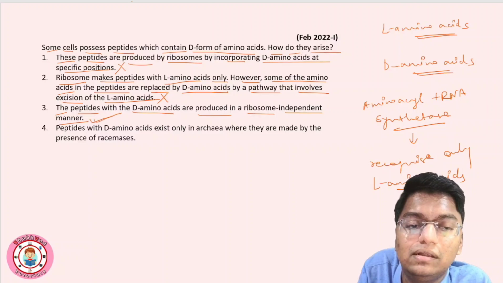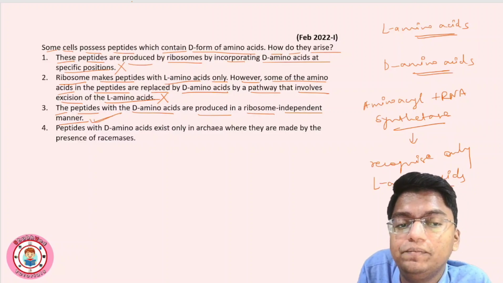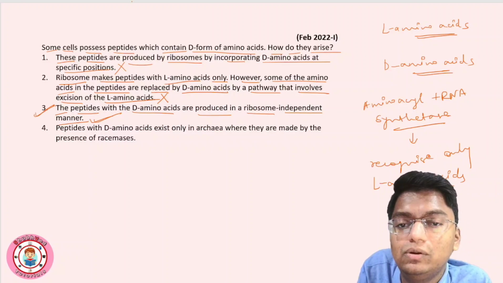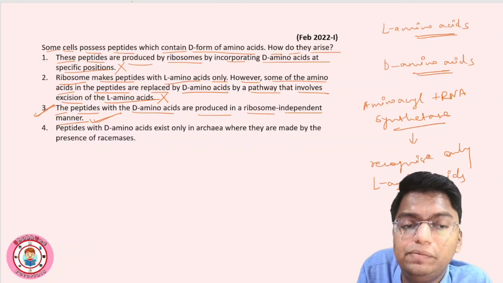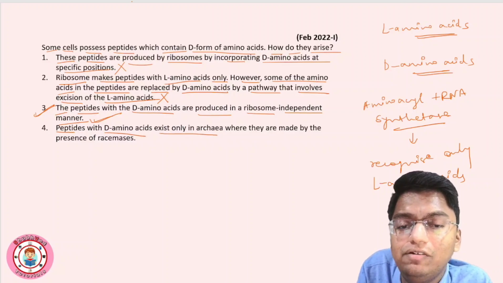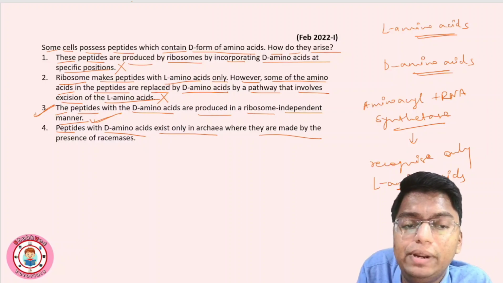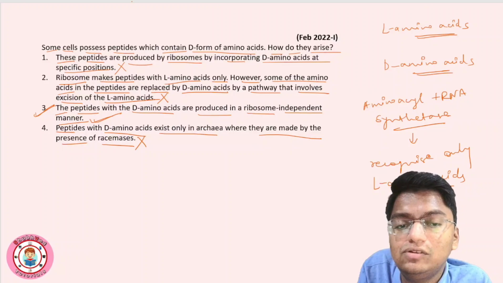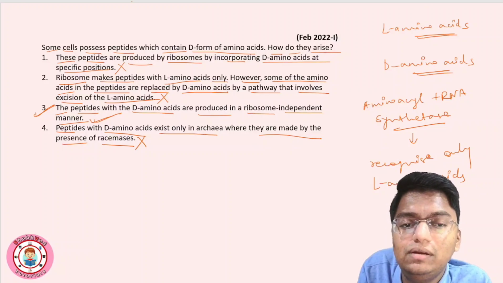Yes, this is correct. It means the incorporation of D amino acids is ribosome independent. Next statement, peptides with D amino acid exist only in archaea where they are made by the presence of racemase. No, this is also incorrect.